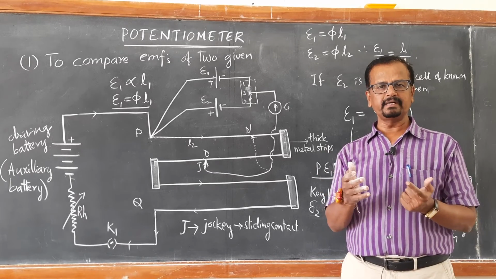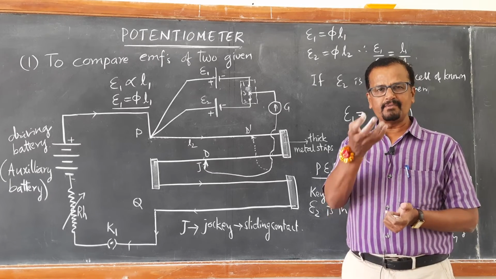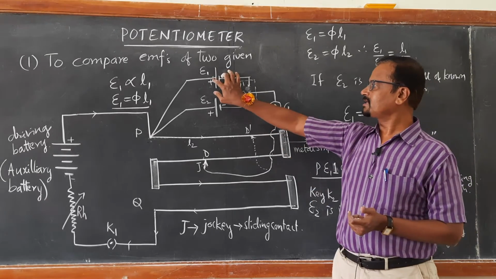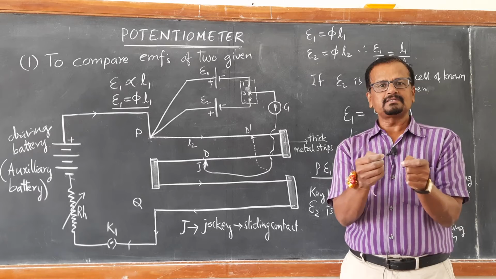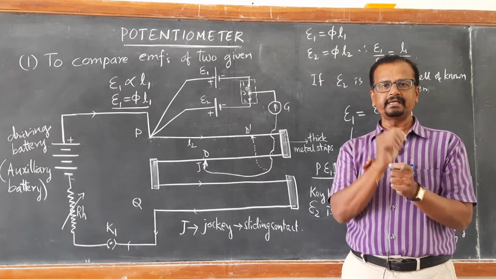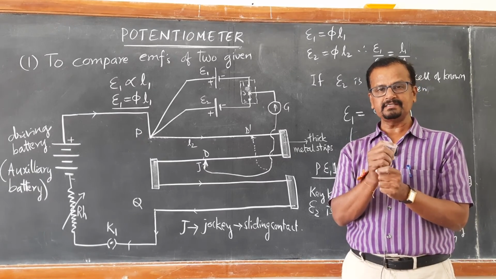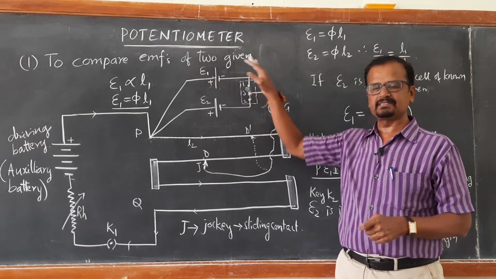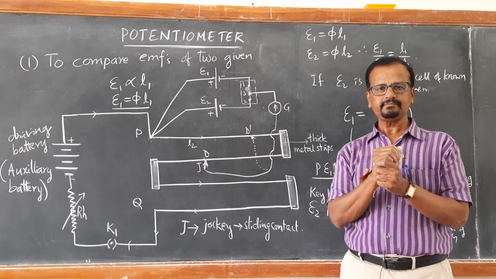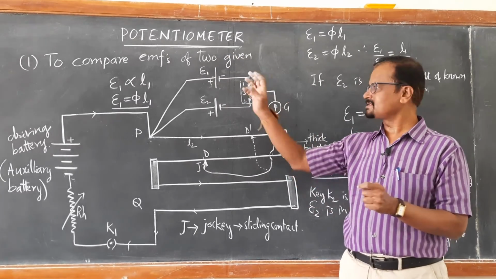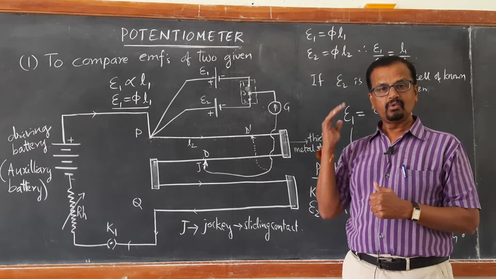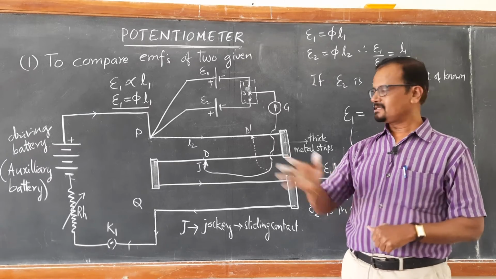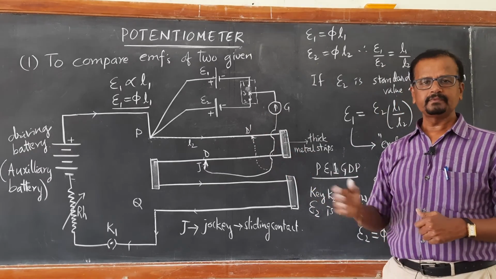What actually does a voltmeter do? A voltmeter draws some amount of current from the source. If you connect the two terminals of a voltmeter across the two ends of this cell, it reads voltage. But actually it takes some current from this cell and measures. Therefore, the voltage measured by the voltmeter will be slightly less than the actual voltage measured by the potentiometer.